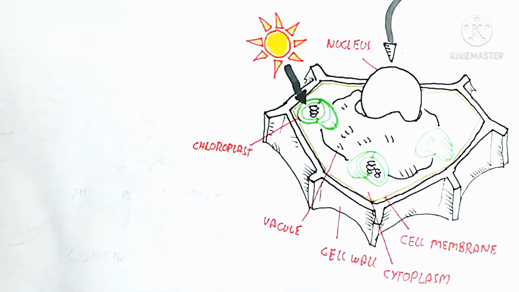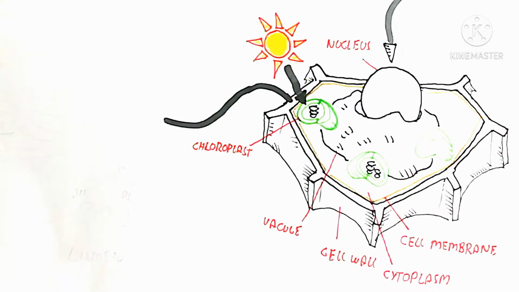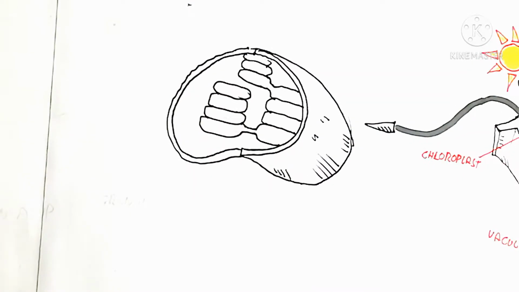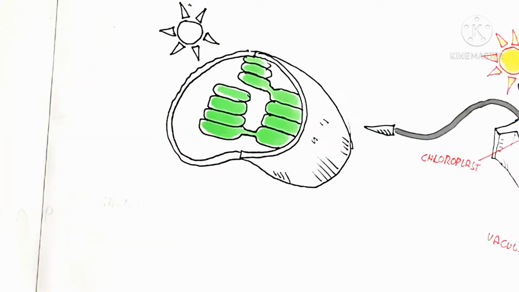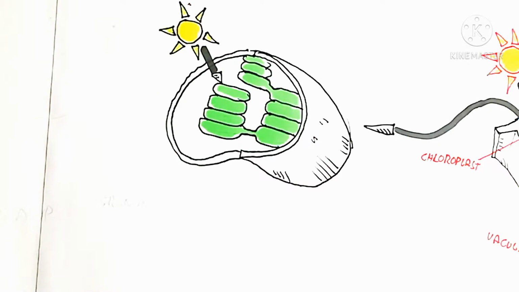Here is the light coming toward the chloroplast, an organelle which contains a thylakoid membrane inside. I am drawing the chloroplast as a double membrane organelle which contains thylakoids. These thylakoids form stack-like structures, like coin on coin, making a column.